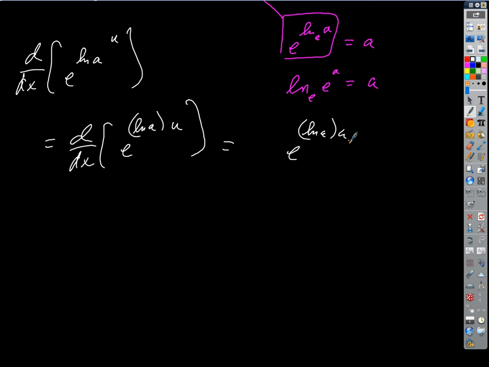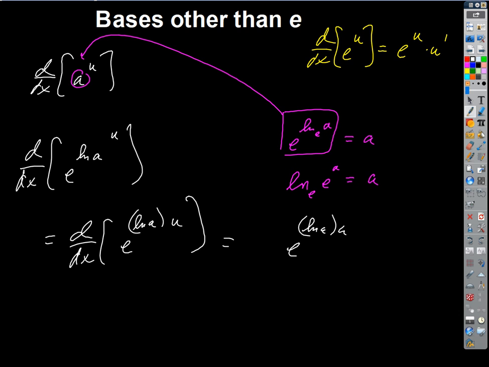No. The derivative with respect to x, right? The derivative of log a times u. What's the derivative of, not log u, what's the derivative of u with respect to x? Like you just told me up here, the derivative of e to the 'blank' is e to the 'blank' times the derivative of 'blank.'